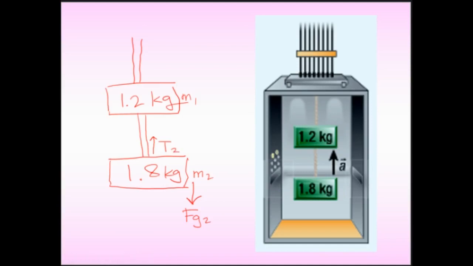Okay. How many forces on the top one? We said 3. Okay. FG1. Right? Now, how is the tension here acting on this one? Is it pulling it up or pulling it down?